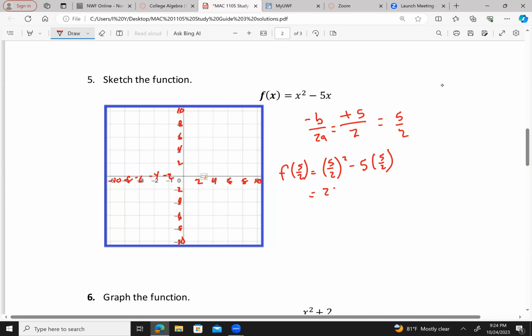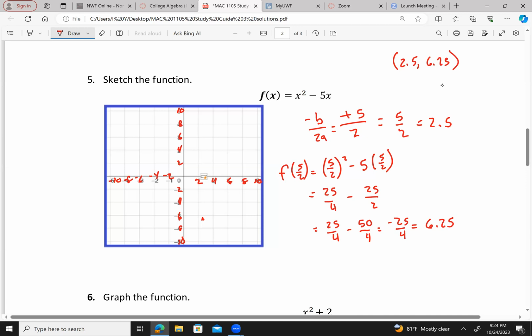So this is 25 over 4 minus 25 over 2, which is 25 over 4 minus 50 over 4, or -25 over 4, which is -6.25. This is 2.5. So a little beyond 2 and a little beyond 6, right about there. That is our vertex, 2.5, -6.25.